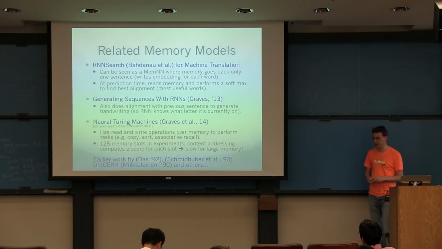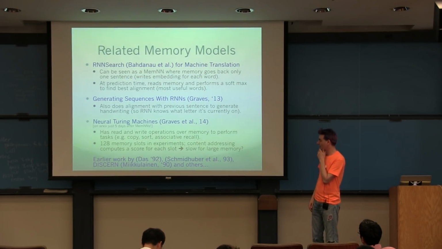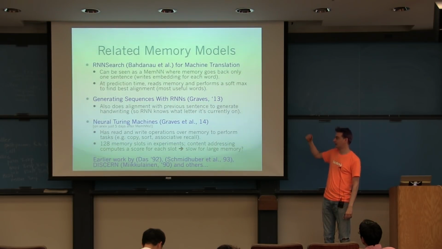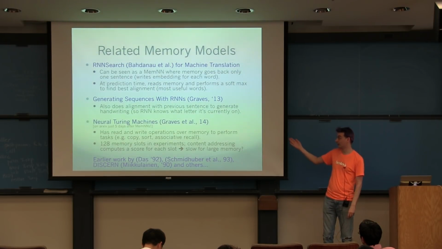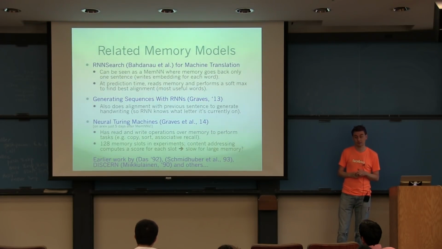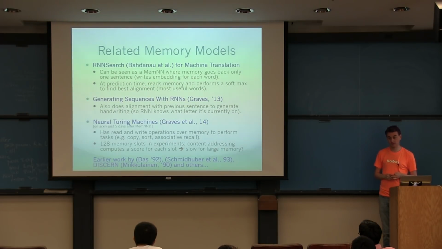There's also been other work by Alex Graves for generating sequences that also does attention. And particularly from the DeepMind group, Alex Graves recently had a Neural Turing Machine model which is similar in spirit to the ones I'm going to describe, in that it uses memory, but the actual experiments they do are totally different.